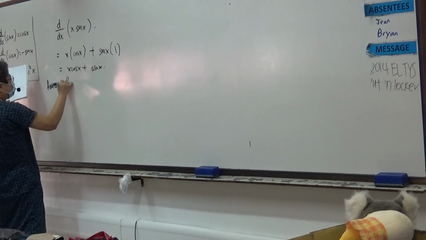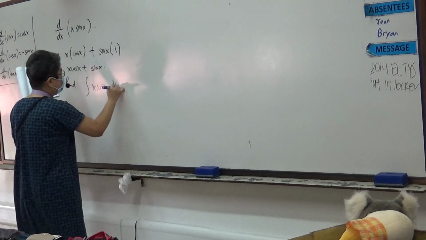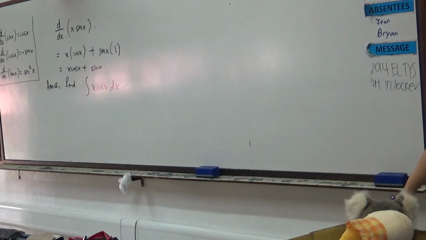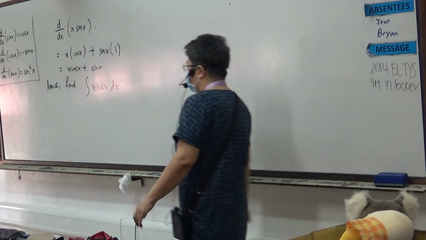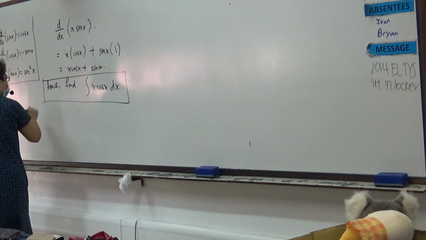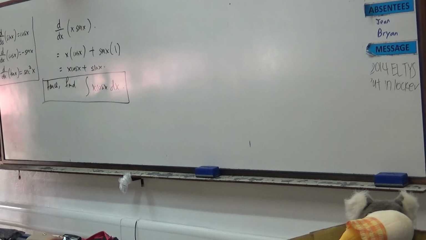They say, hence find the integration of this. Now, this is our mission. We need to find the integration of this. This is a very common O-level, more difficult question. We need to shift here and there.